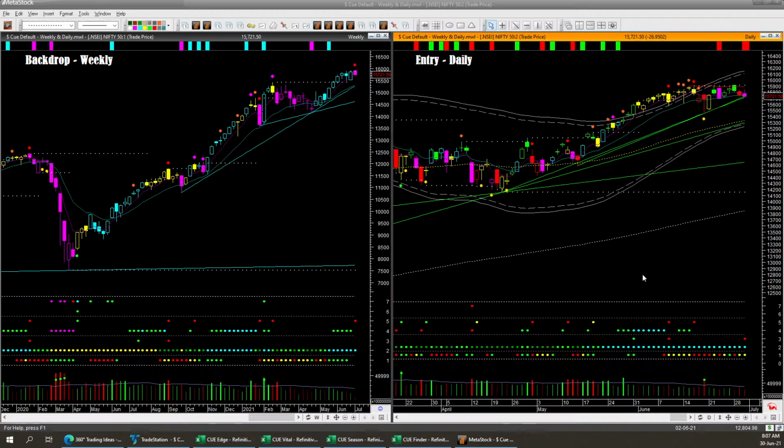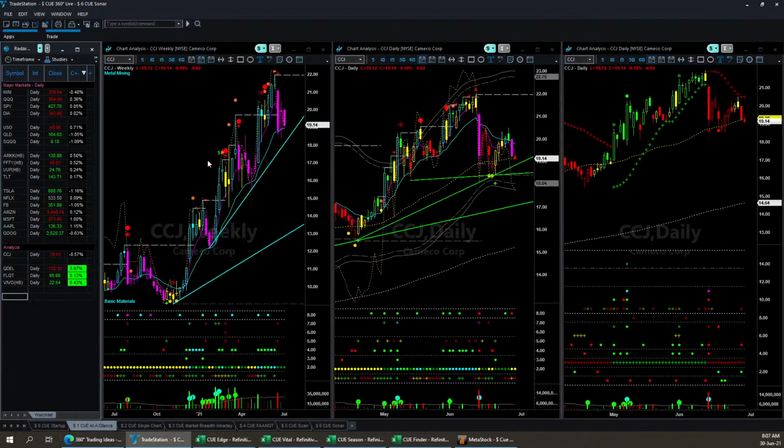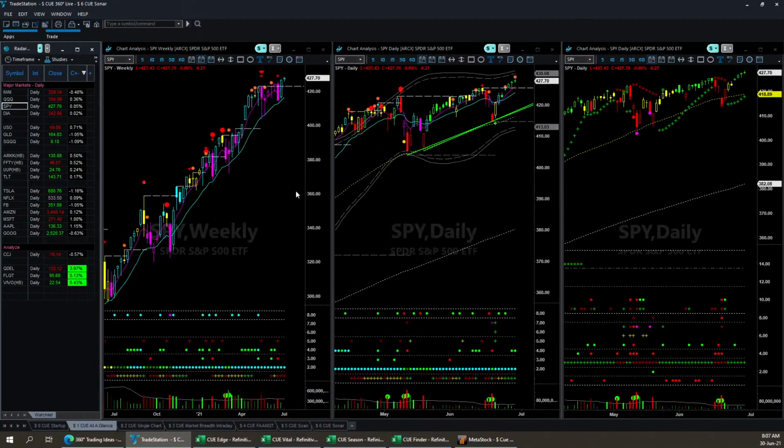Let's look at the USA markets now. For that, I will move to TradeStation. Let's start with S&P 500 ETF SPY. It made a new all-time high yesterday and it also displayed an indecision at the top signal.